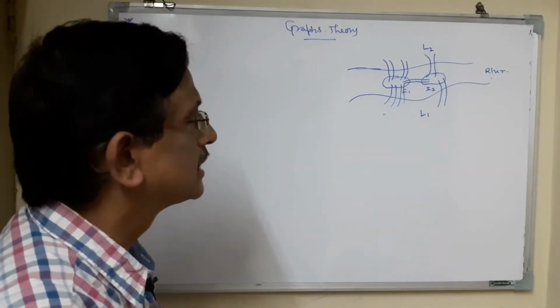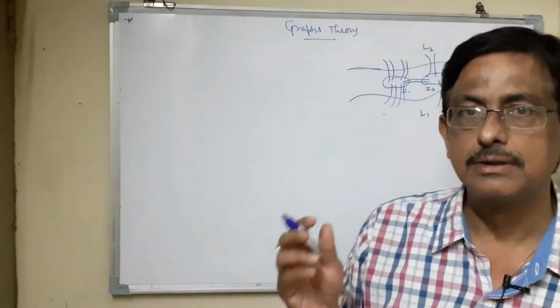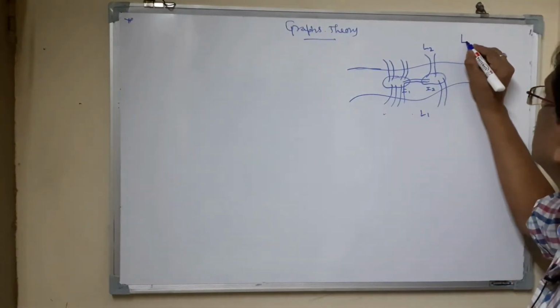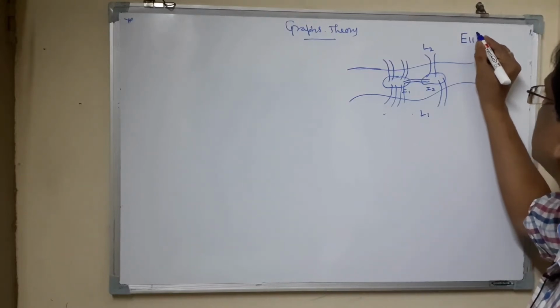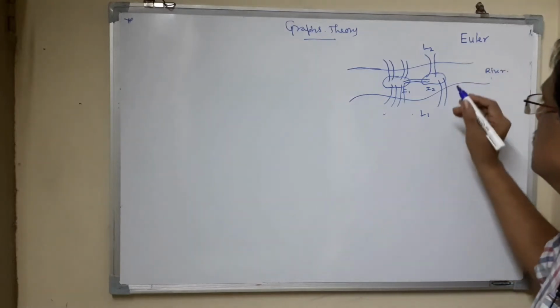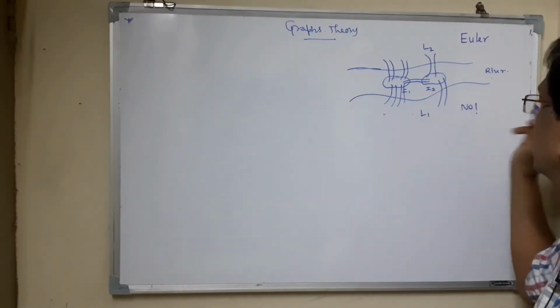This is a problem which was posed in 1735 by a king in Prussia. A famous mathematician, Euler, gave an answer for this, that it cannot be.